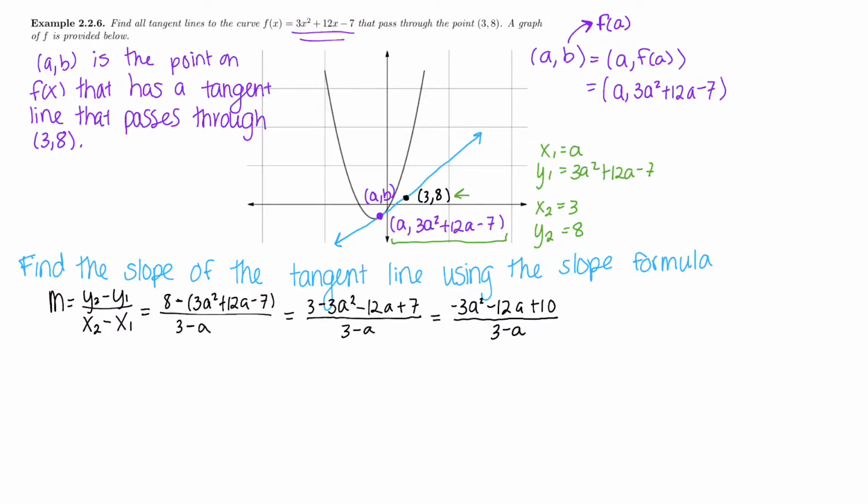Now, we can find the slope of this guy, right? We can find the slope at the point a, comma b. We can find the slope at x equals a by taking this derivative and plugging a into the derivative.